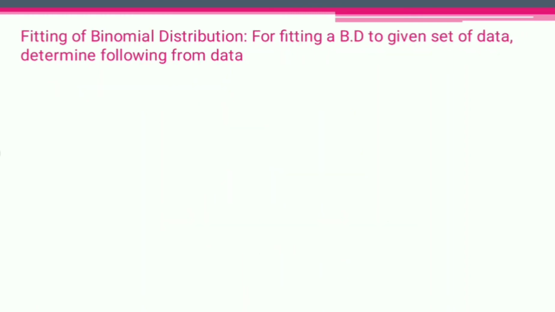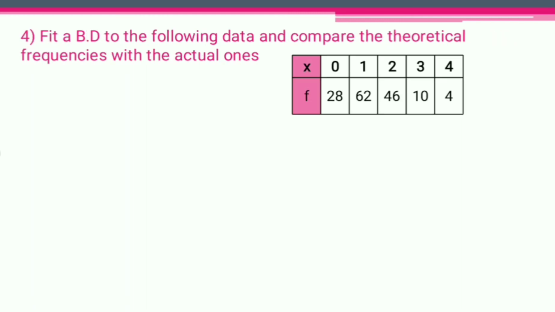Next, if you are given data, how can you fit a binomial distribution to that given data? There's a method to fit a binomial distribution to a given set of data. Suppose you are given this data, x and the frequency of each, and you have to fit a binomial distribution to it. How will you do it?